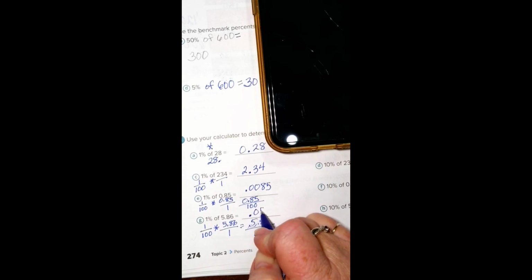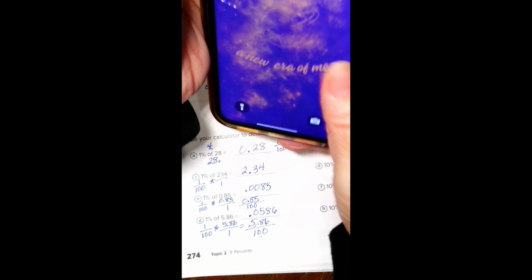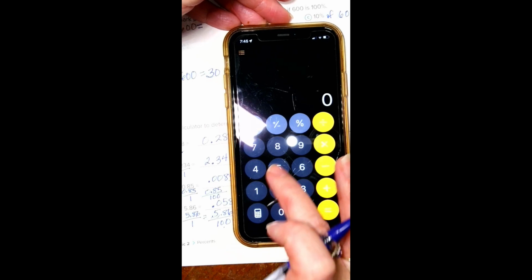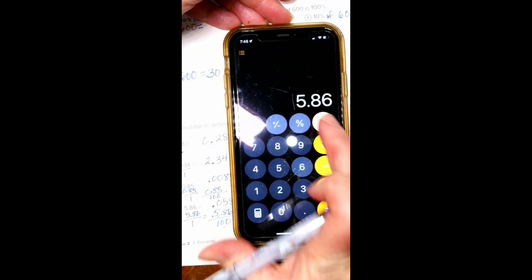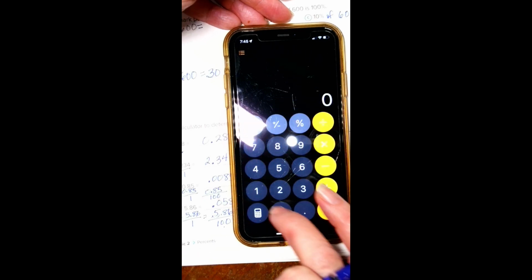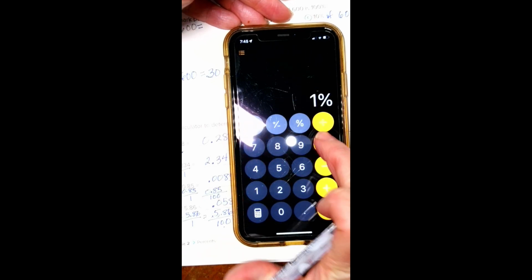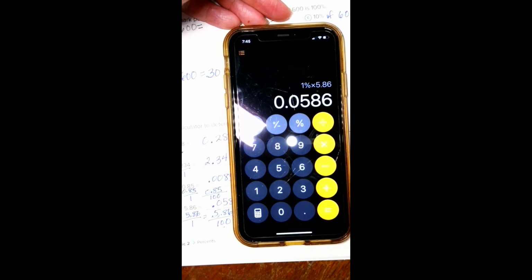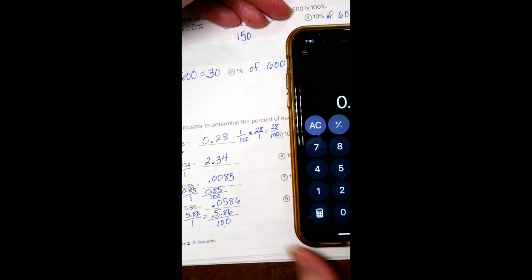So 0.0586. Let's just double check that. So we had 5.86 divided by 100, or we had 1% of 5.86, and we get the same thing both ways.